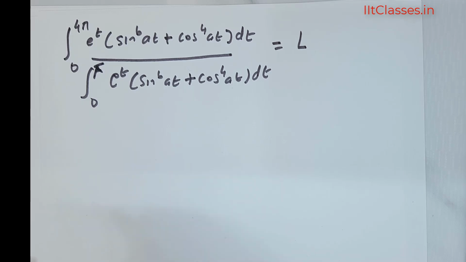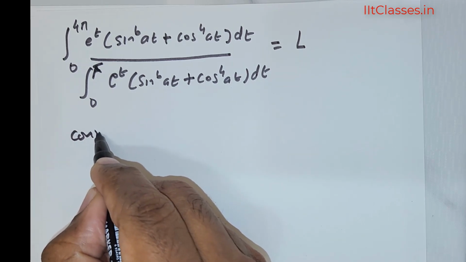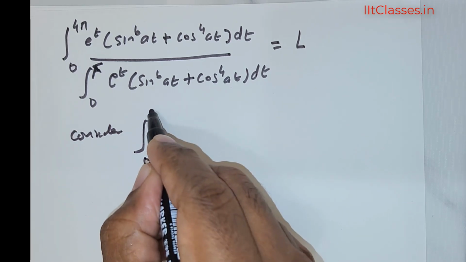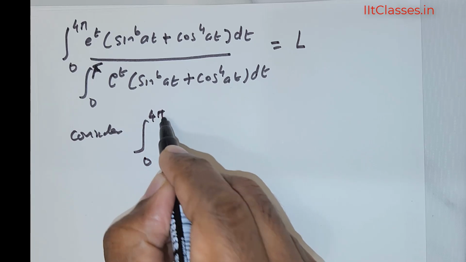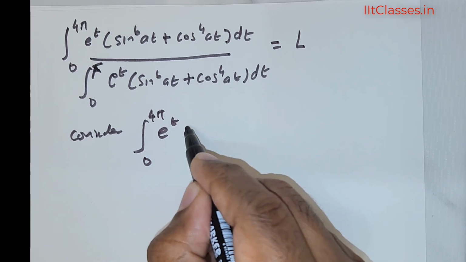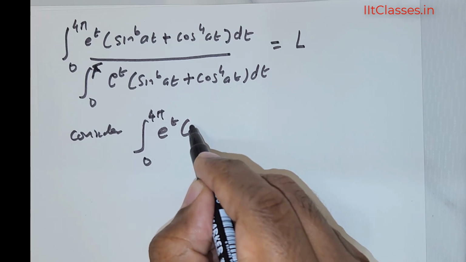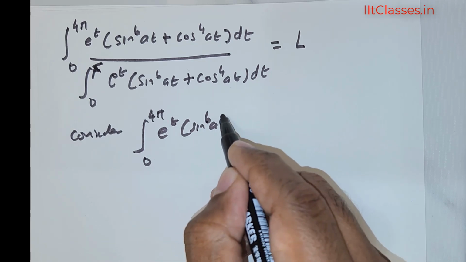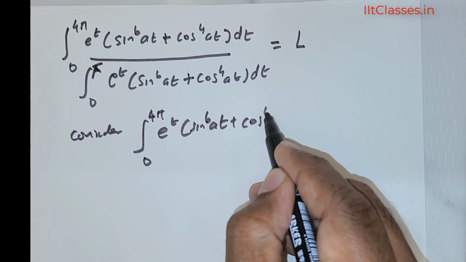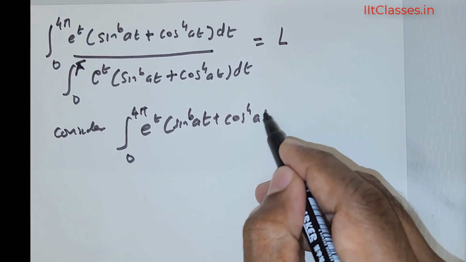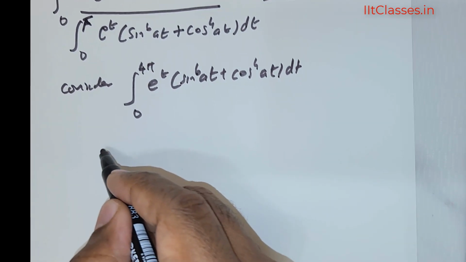Okay, foremost what I wish to do is consider the integral 0 to 4π of e^t times (sin^6(at) + cos^4(at)) dt.